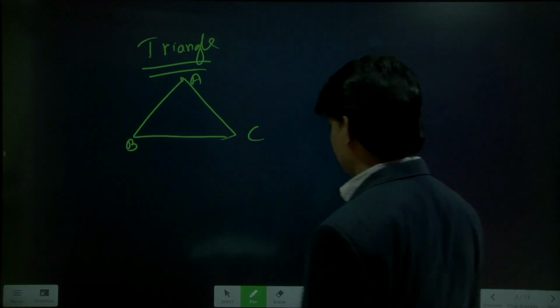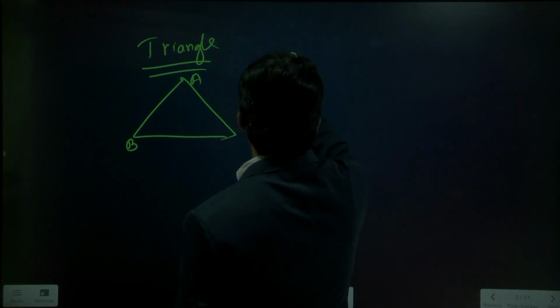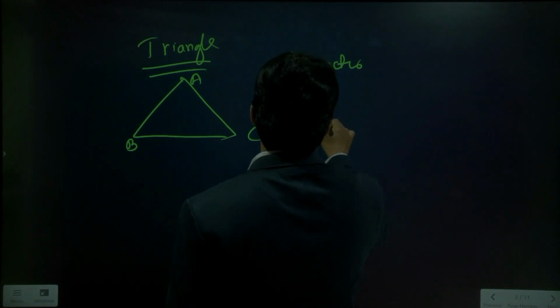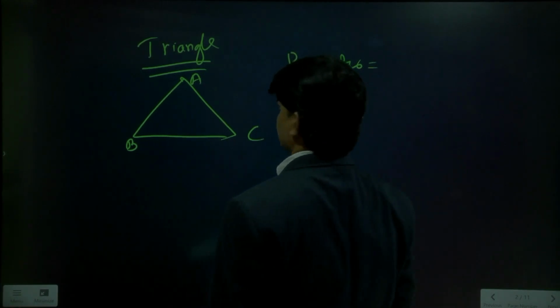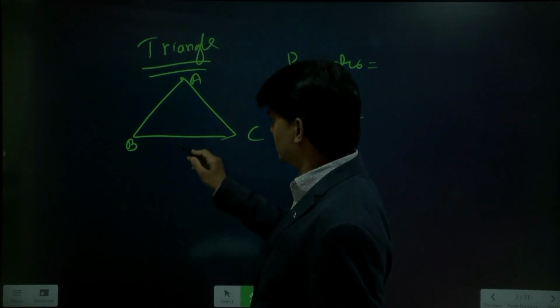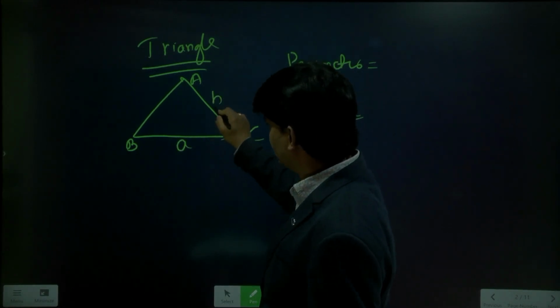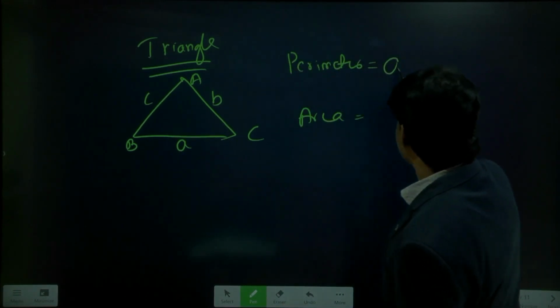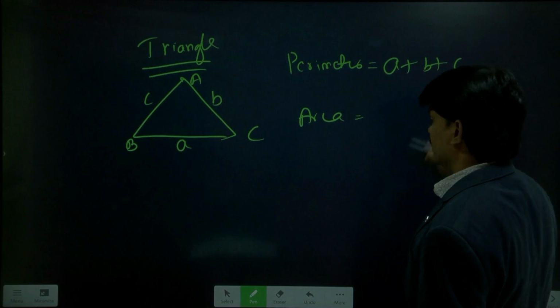Now I want to find the perimeter and area here. Perimeter in the sense of boundary length. So I will take the sides as A, B, C. So A plus B plus C units.